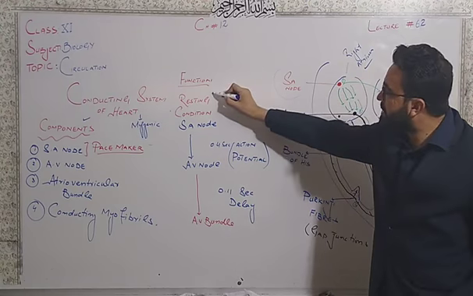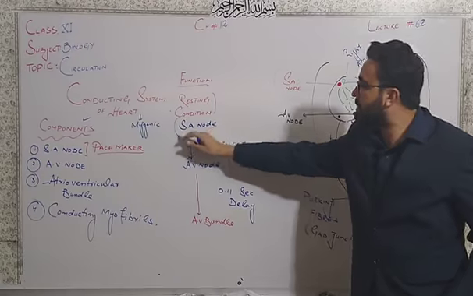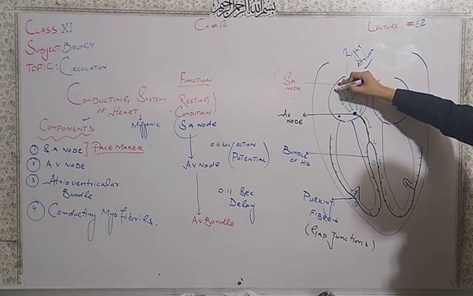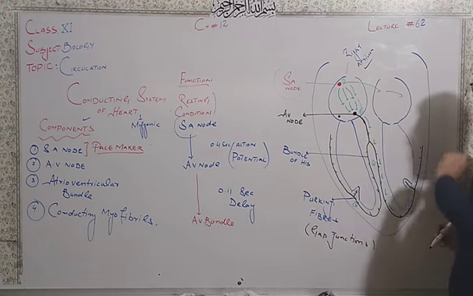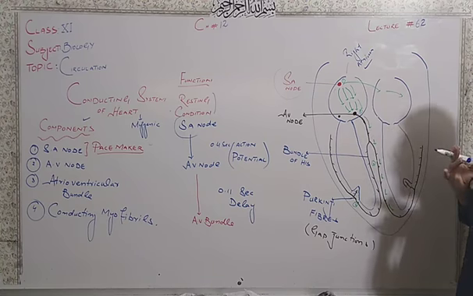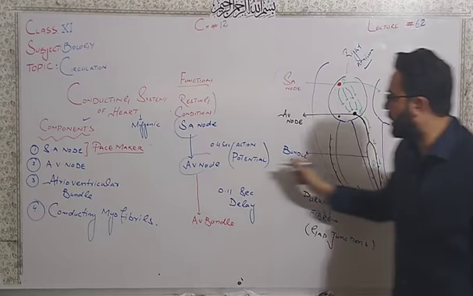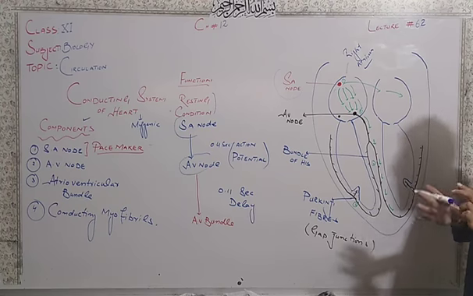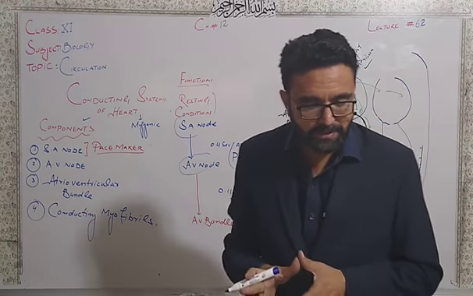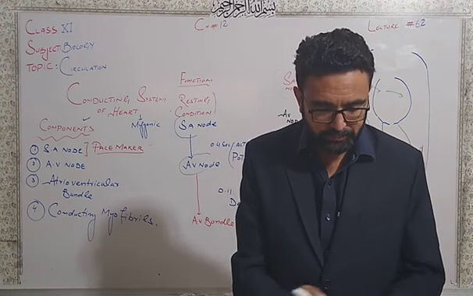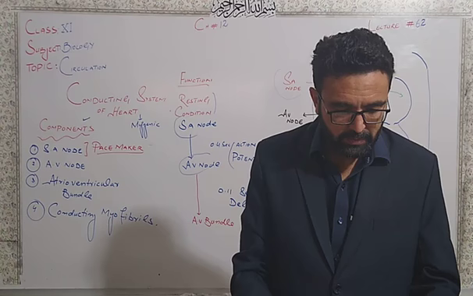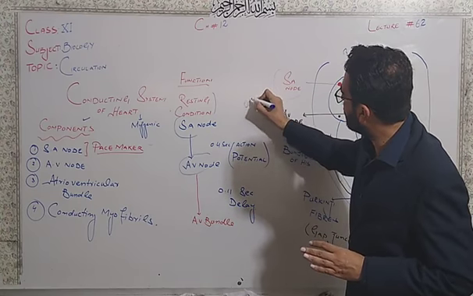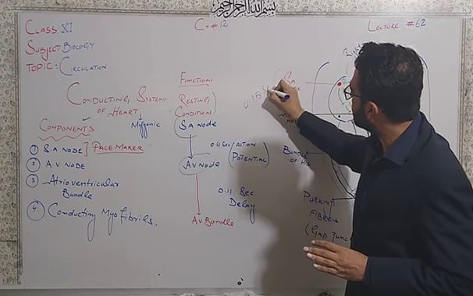In the resting condition, when the action potential gets started, it takes 0.04 seconds for the potential to reach from the SA node to the AV node. But there is a delay from the AV node to the AV bundle, and that delay is 0.11 seconds, so the total delay is 0.15 seconds.